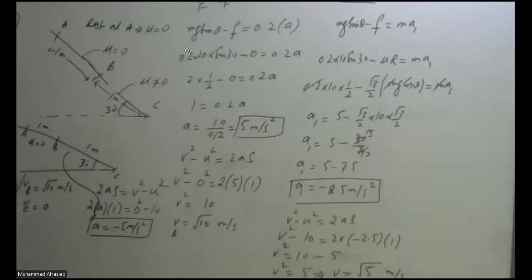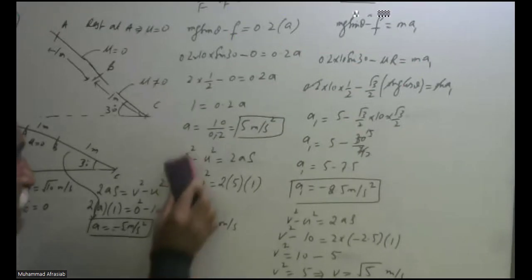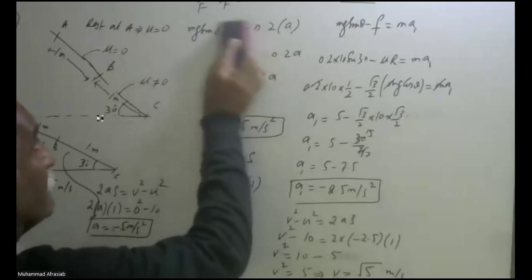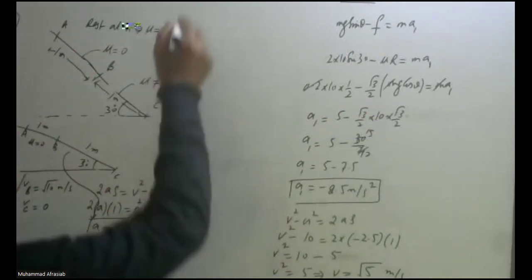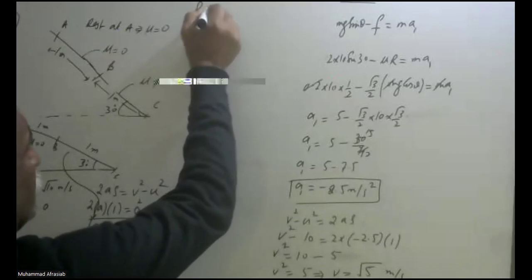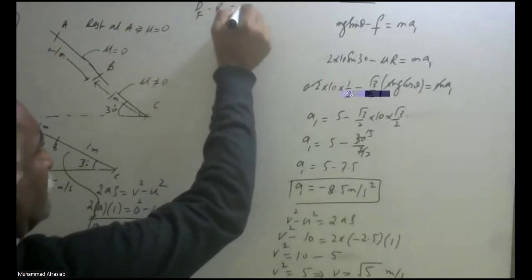Now you are going to calculate the coefficient of friction. We know that driving force minus resistive force is equal to ma.